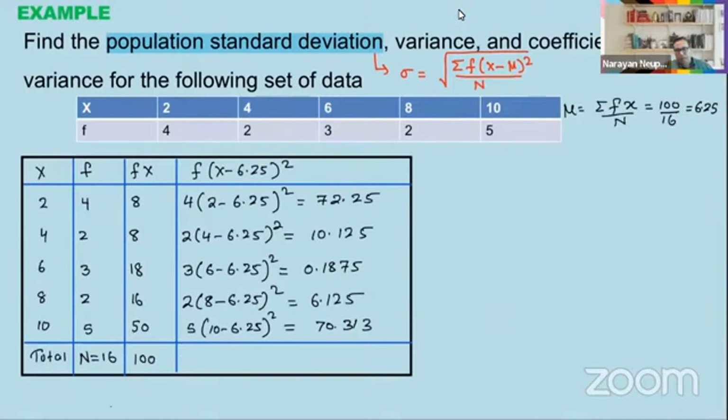Okay. So we have almost everything ready. Now what you have to do is, see, once we find f times x minus mean squared, here is a summation. Meaning of that is you have to add all these numbers. Could you please quickly add these numbers in your calculator and find out what you get? Everybody, please do that. Students joining from home, you can add those numbers and you can type it in the chat if you want.